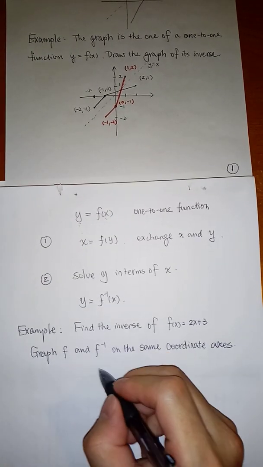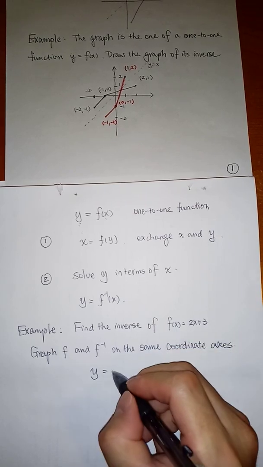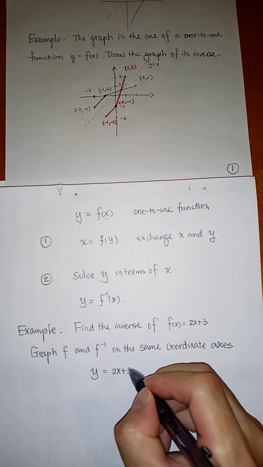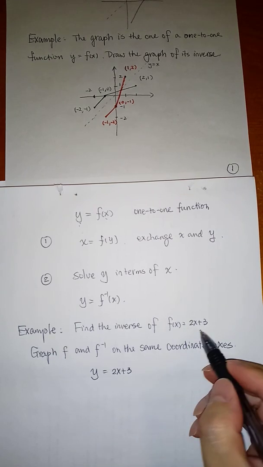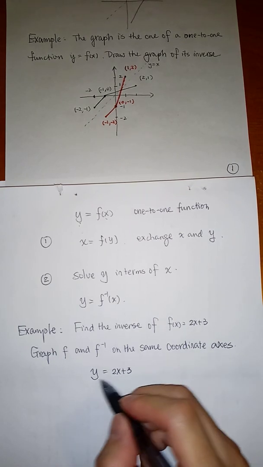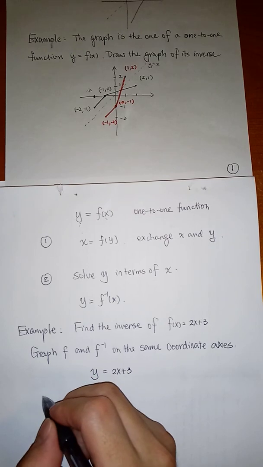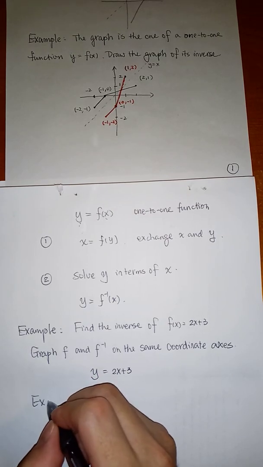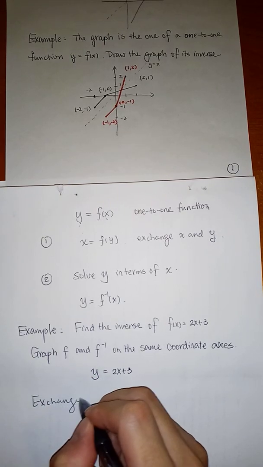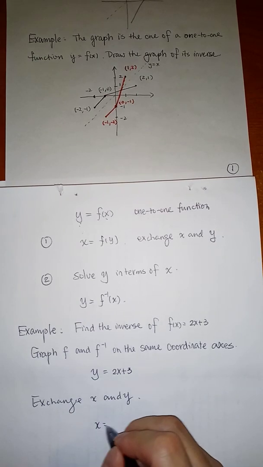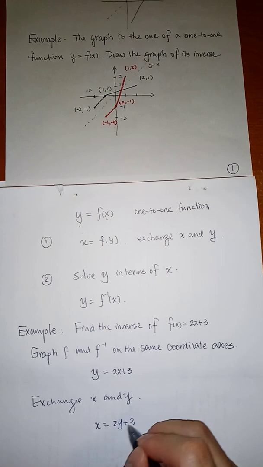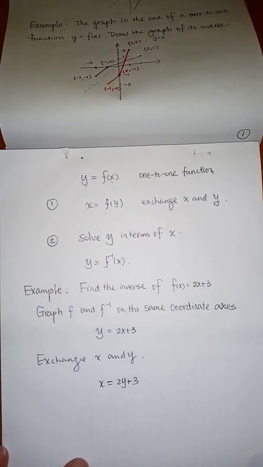Okay, so let's see. First, you get y is equal to 2x plus 3. That's the original function. Then you exchange x and y. You get x is 2y plus 3.